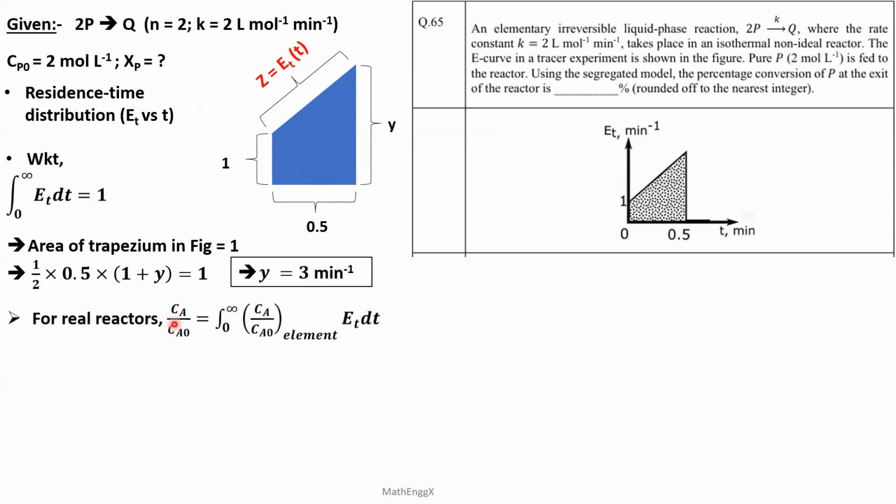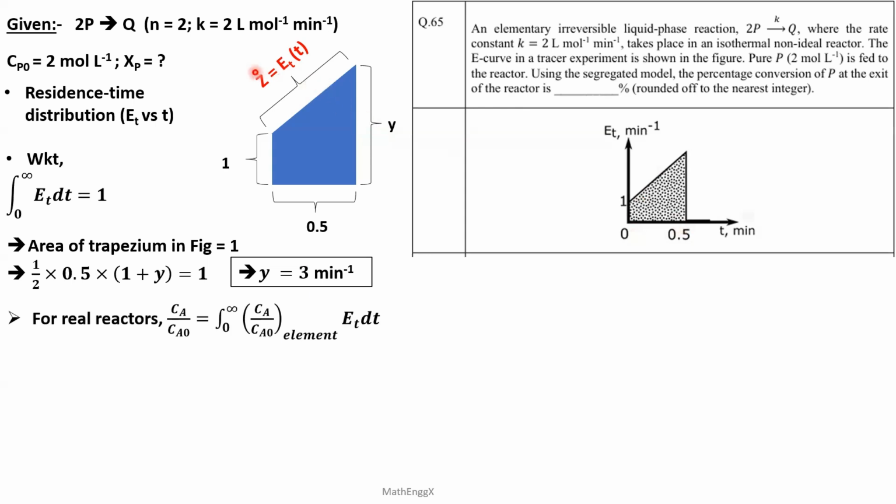Now we know that for real reactors, CA by CA0 is equal to the integral from 0 to infinity of (CA by CA0)element into E dt. So now we need to find the function of E in the particular time interval, that is 0 to 0.5. If we observe the residence time distribution figure, E is a function of t between 0 and 0.5.